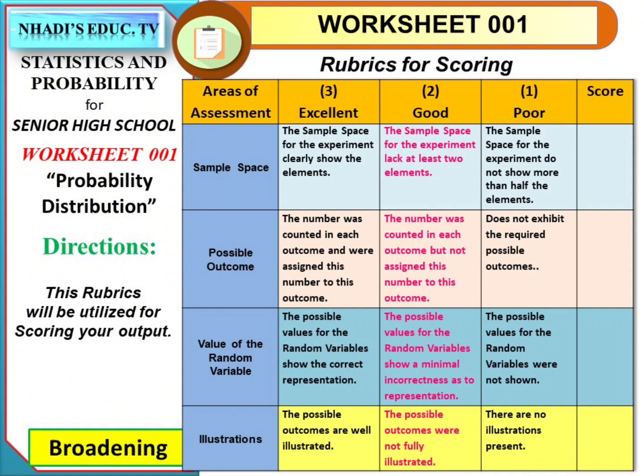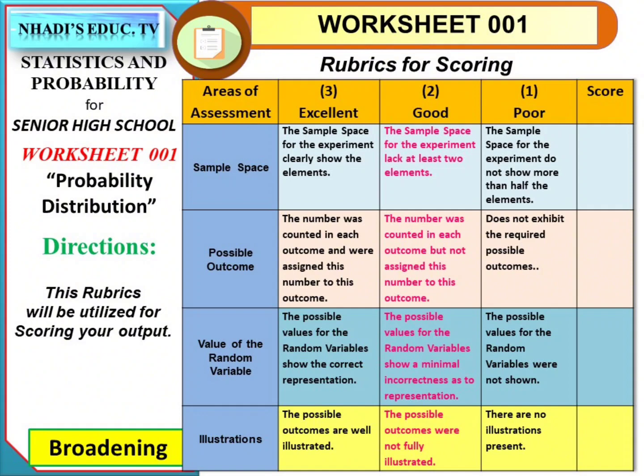Here is now the rubrics for scoring. Areas of assessment: we have sample space, possible outcome, value of the random variable, and illustrations. So we have 3 points for excellent, 2 points for good, and 1 point for poor. Let's say your sample space is excellent.